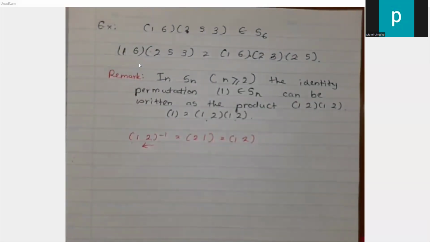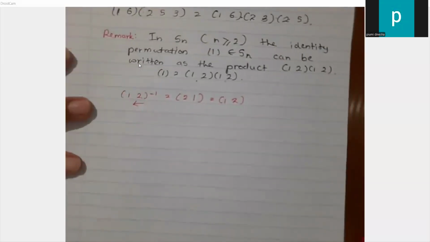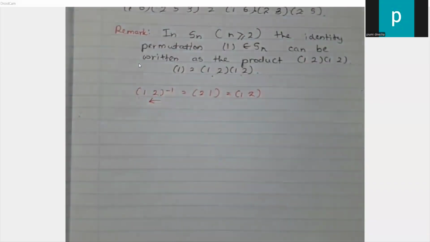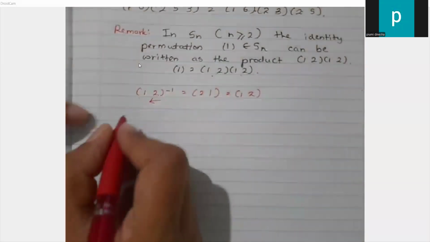Now, the representation of a permutation may not be disjoint, right? It is actually not disjoint in most cases, and definitely it is not unique. Why is that?